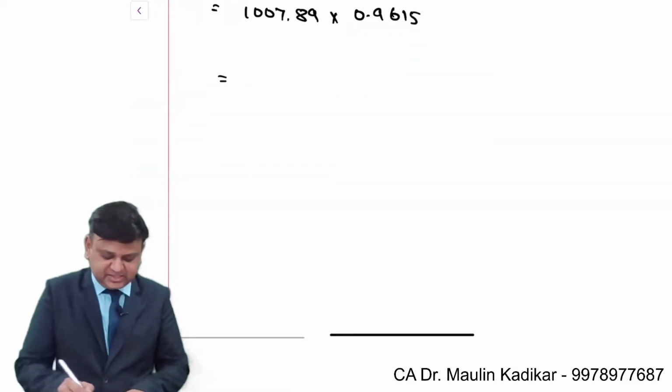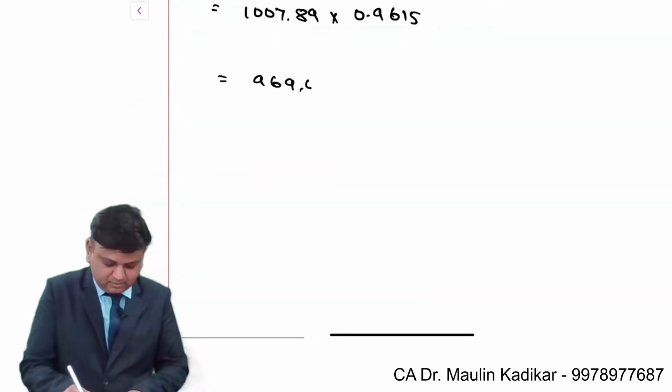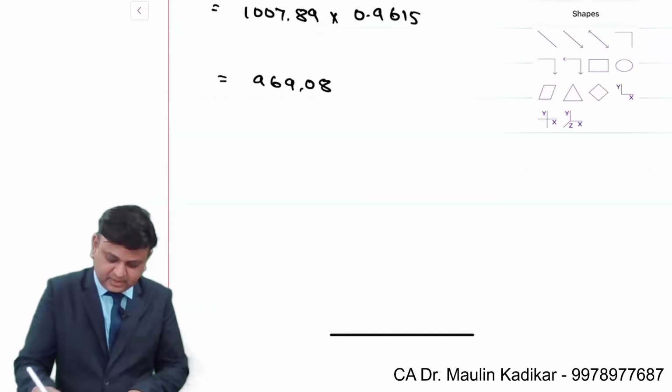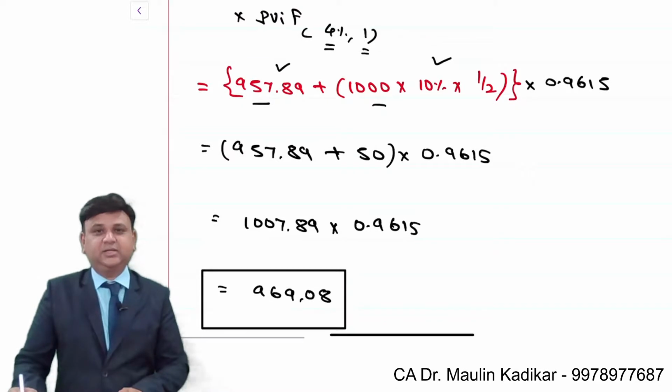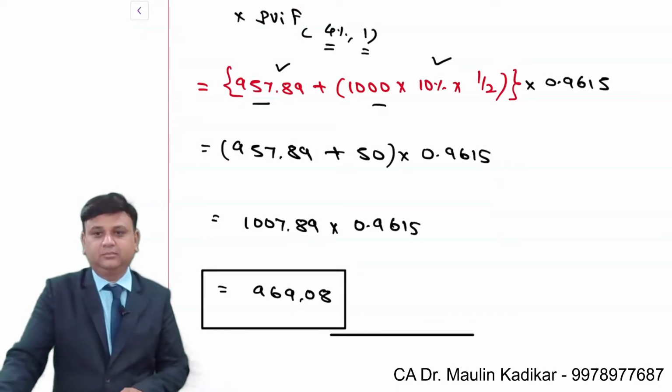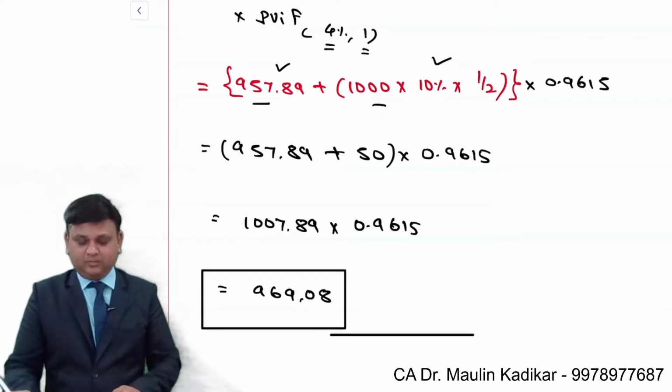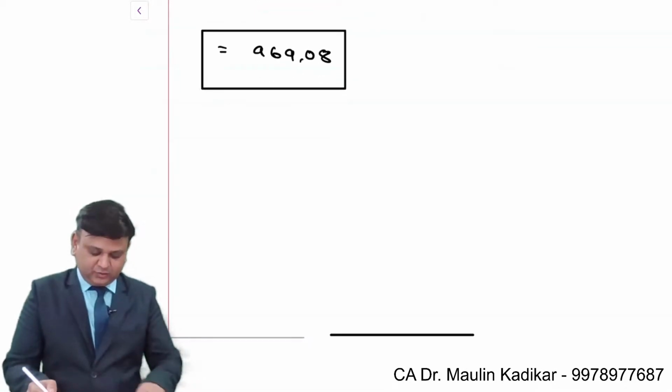So it is 969.08. That is the way we can compute the P0. Write down answer. Write down a note for the answer.